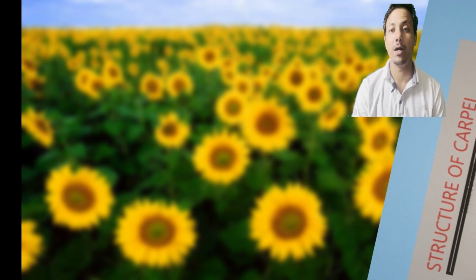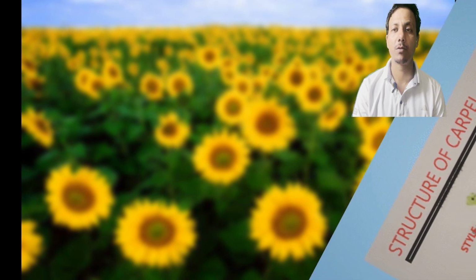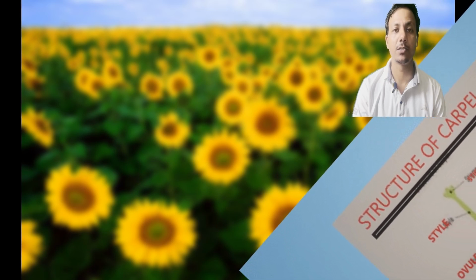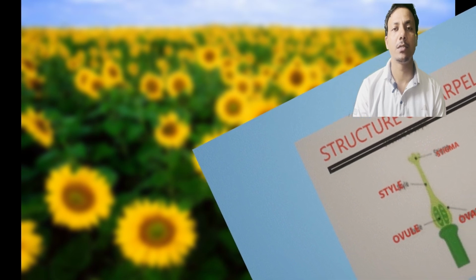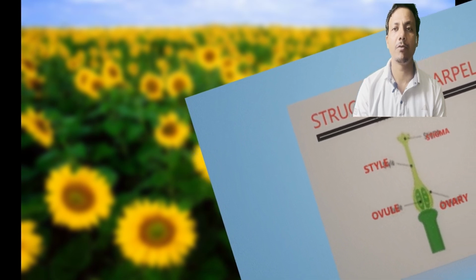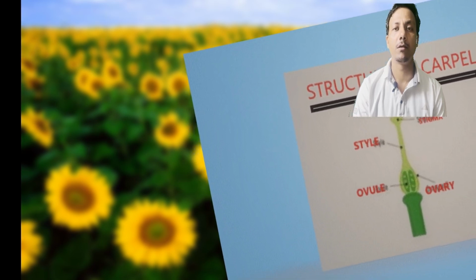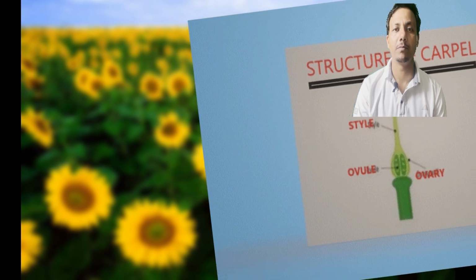Now the ovules. If we talk about the structure of ovule, it contains different parts: funicle, hilum, integuments, micropyle, nucellus, and embryo sac. And the last is embryo sac, where the female gametes develop.